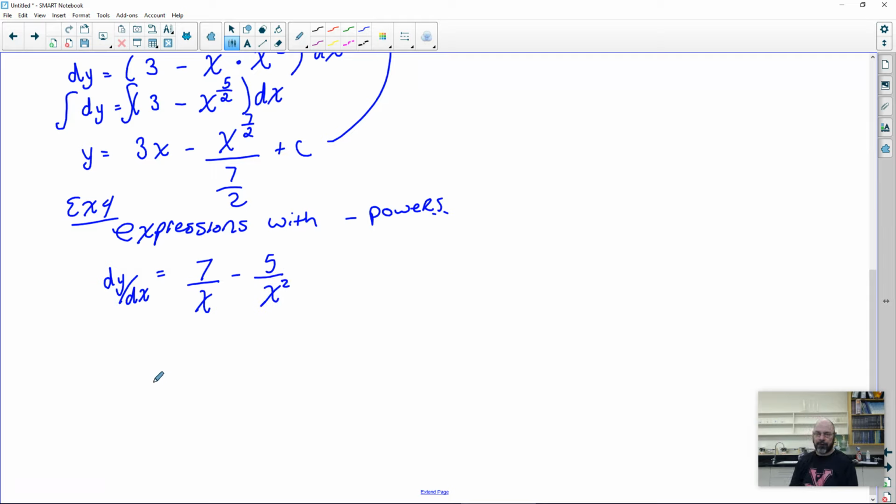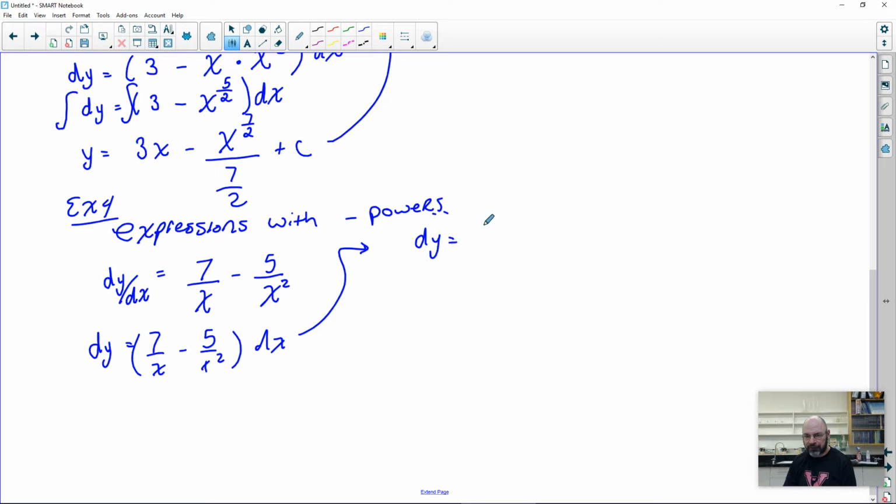Okay, so it's written like that. So this is dy equals 7 over x minus 5 over x squared dx. So we rewrite this using negative exponent rules. So this is dy equals 7x to the negative 1 minus 5x to the negative 2, of course, dx.